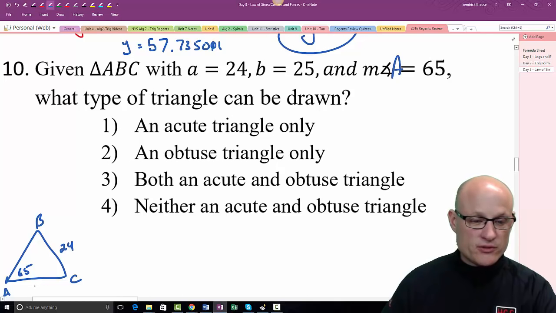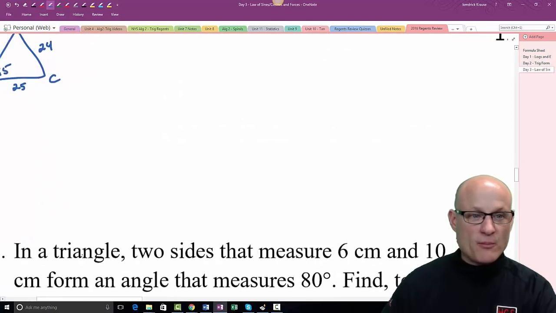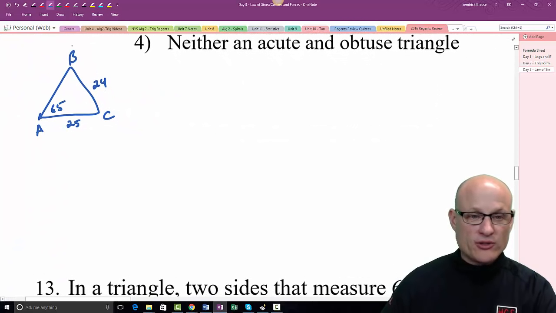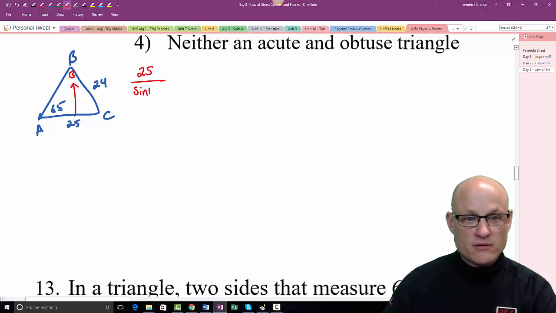B is 25. So our goal is to find out what one of the other angles is. In this case, the only angle we really need to find is this one right here, B. So we're going to go 25 over sine of B is equal to 24 over the sine of 65. We'll cross multiply.